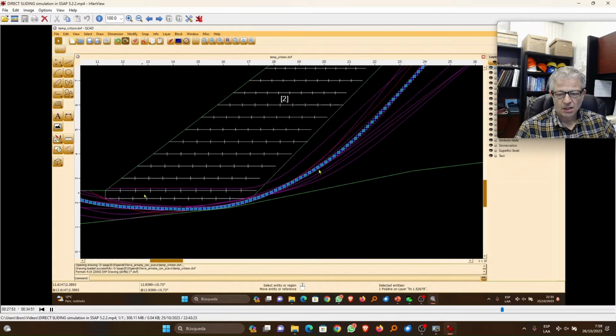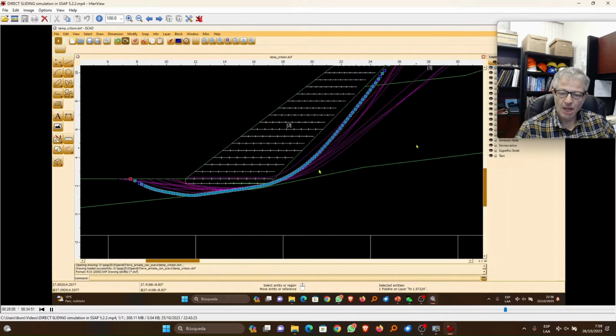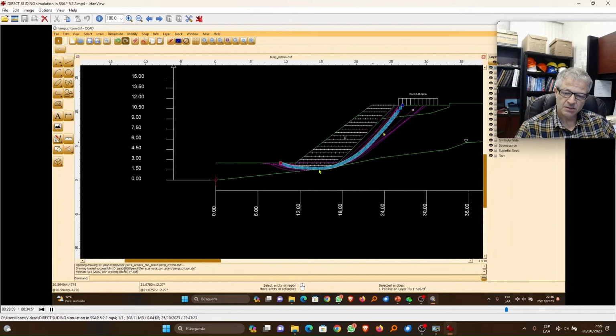Of course, we have also considered in this kind of analysis the global stability of the structure, because, for example, the bearing capacity of the soil below the berms of reinforced earth should be considered during the assessment.